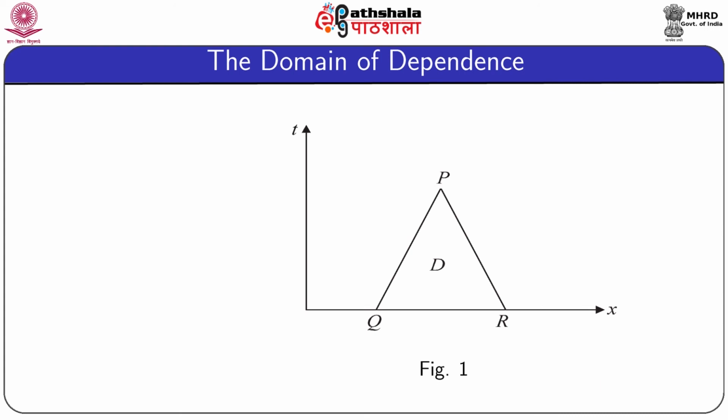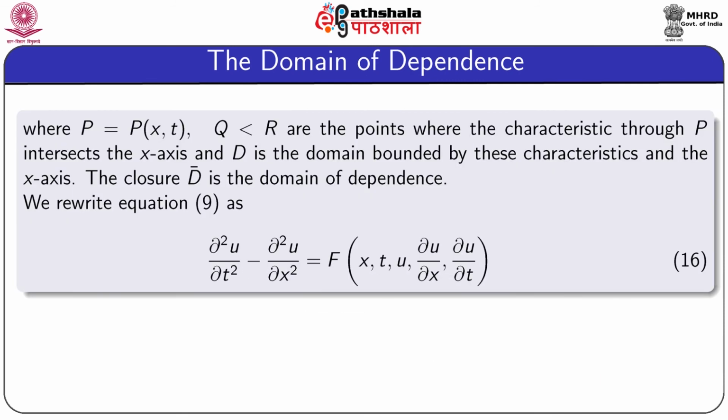It is to be noted that the value of u at a particular point P does not depend on the values of the function outside the domain D. In this solution, Q is a point which is less than R, where Q and R are the points where the characteristics through P intersect the x axis, and D is the domain bounded by these characteristics and the x axis.